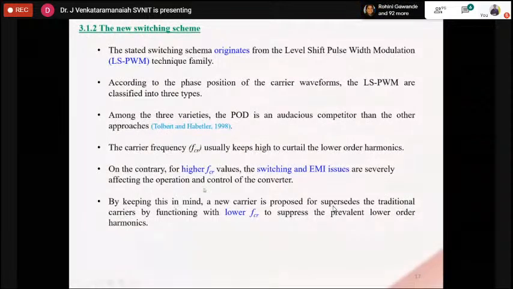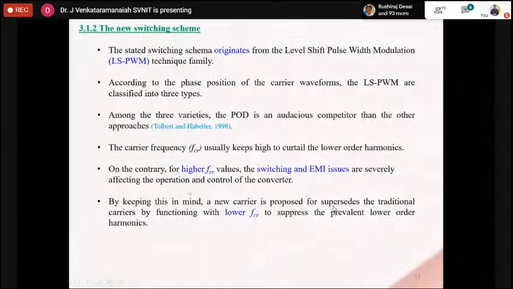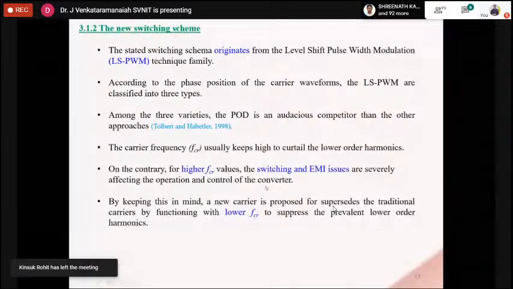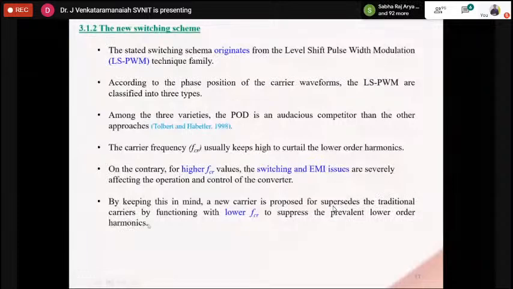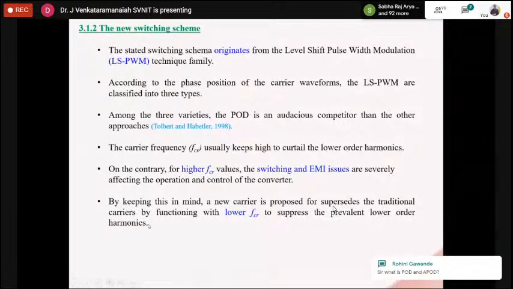Switching and EMI issues severely affect the operation and control of the converter. So a new carrier is proposed that supersedes the traditional carriers. We are concentrating on the carrier which can reduce the switching and EMI issues.